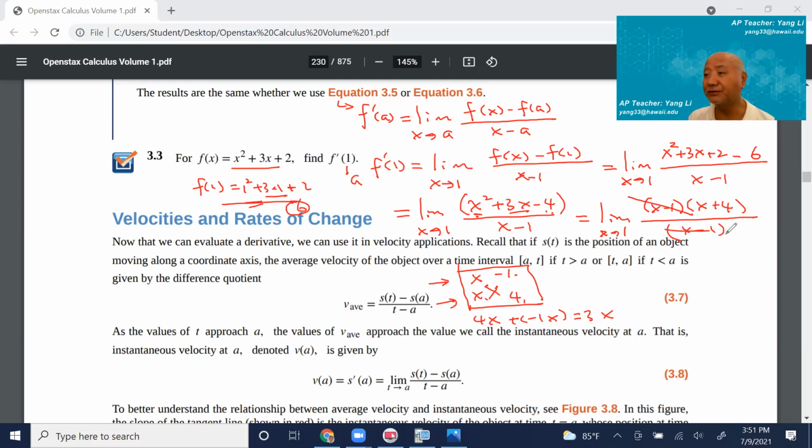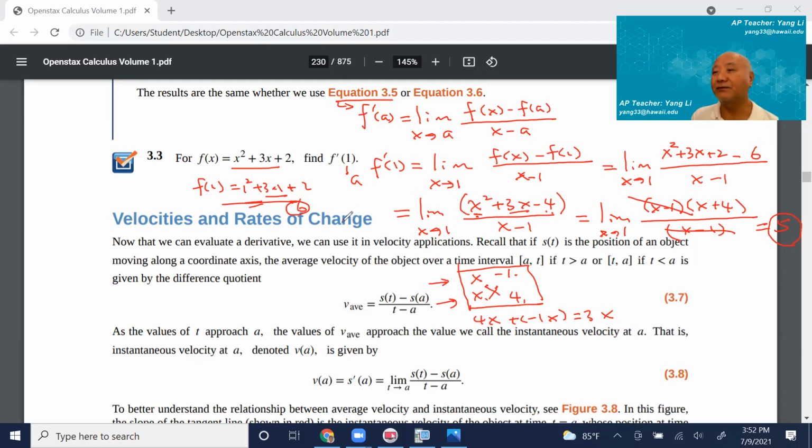You cancel these two. So you will have the limit as x approaches 1 of x plus 4. 1 plus 4 is 5. So that's the answer here. So this one, we showed how to get the derivative of the function when x equals 1 from the definition of this equation.